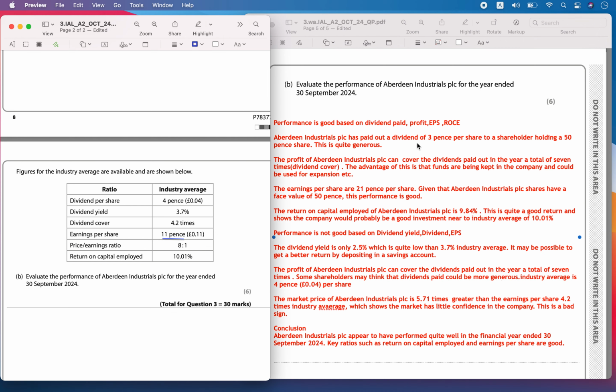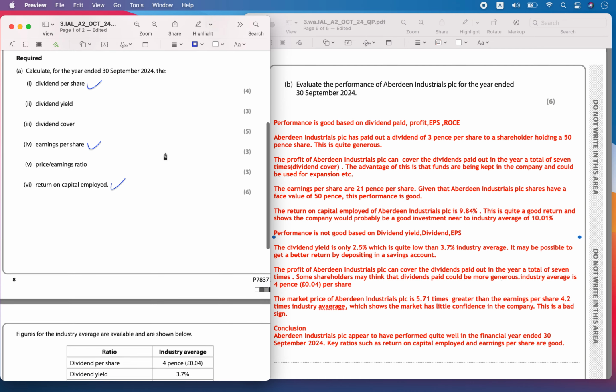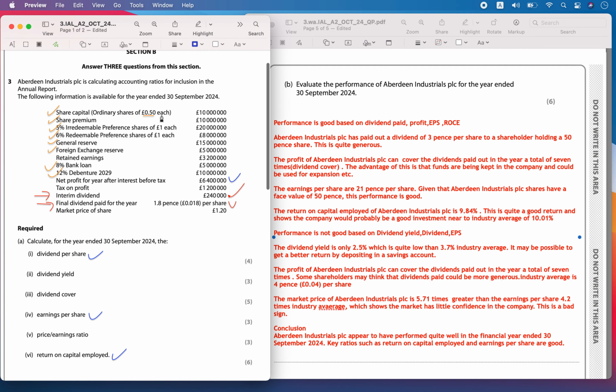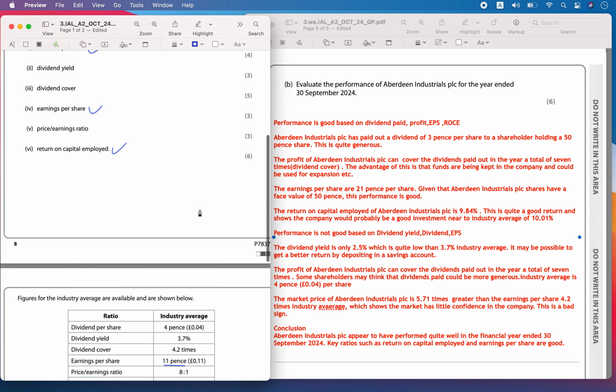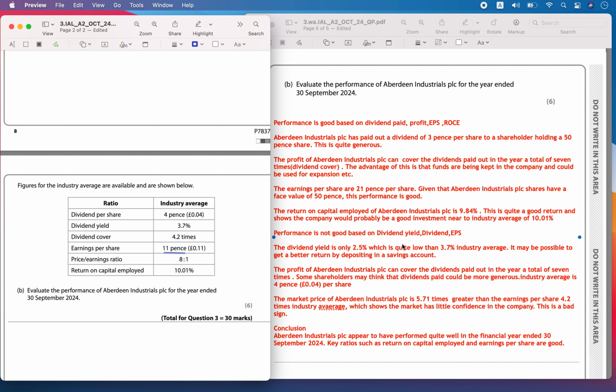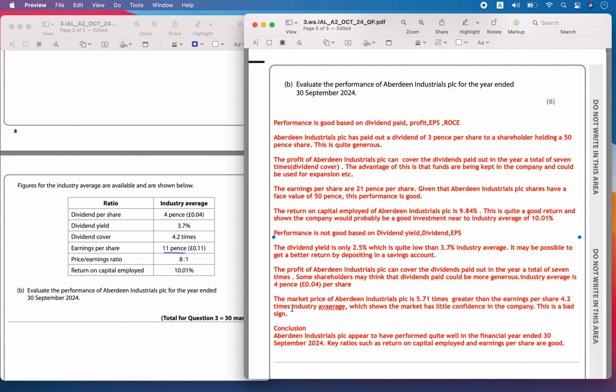I already said they are paying out 3 pence, which is quite generous given the face value of 50 pence per share, but it is not nearer to or greater than the industry average of 4 pence.